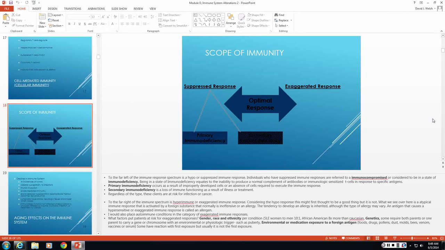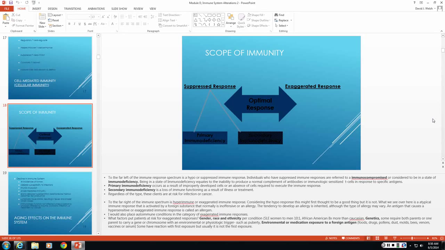Now, your autoimmune conditions are also going to be in a category of exaggerated immune responses. Now, the different things that can cause patients to be at risk for exaggerated responses, it could be their gender, their race, their ethnicity, per condition.